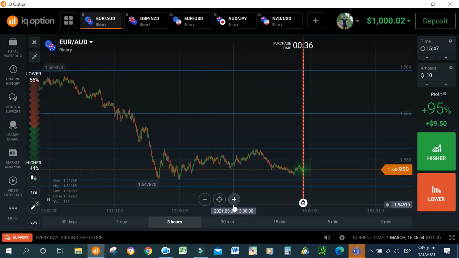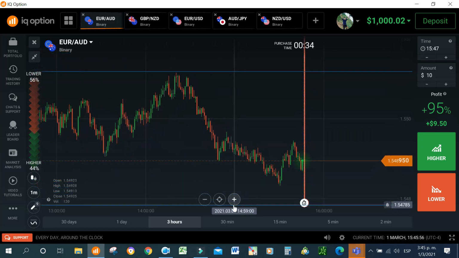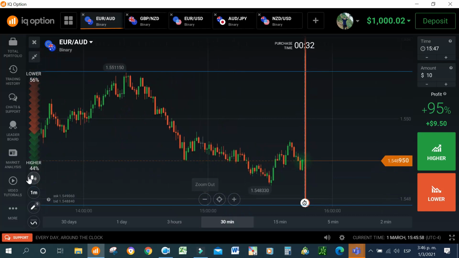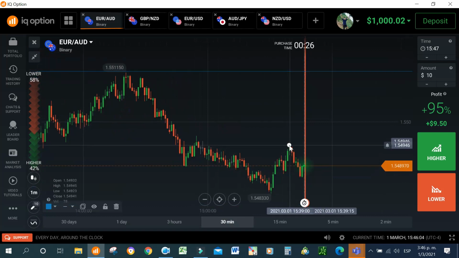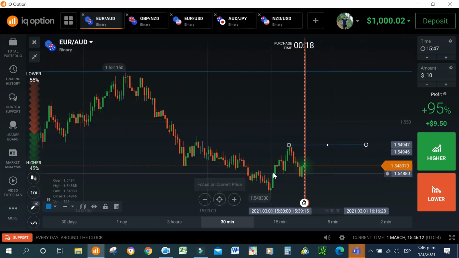So now we can zoom in to see what is happening to the price, and we can also trace this current level, the inside level, because they were created inside this session.